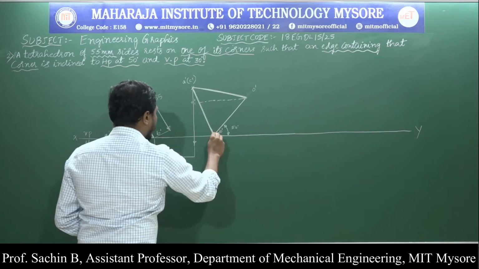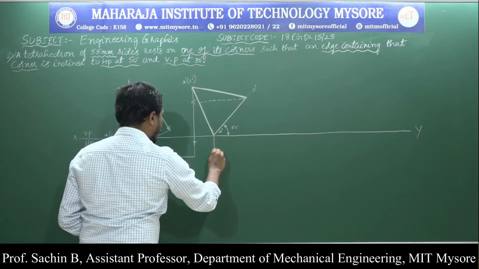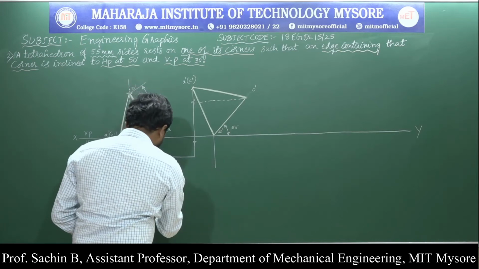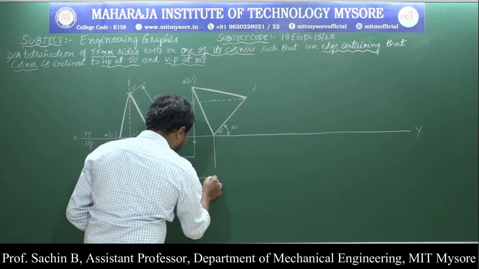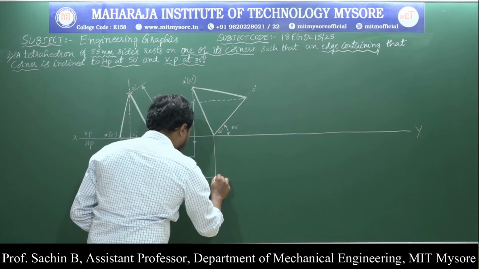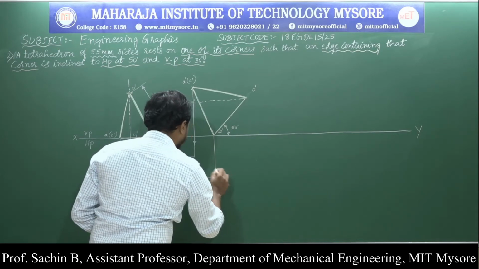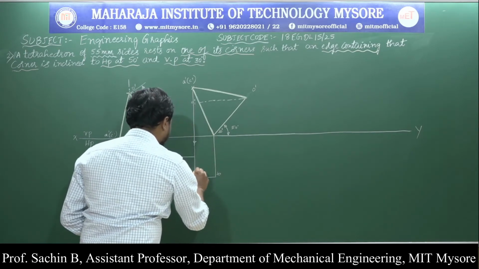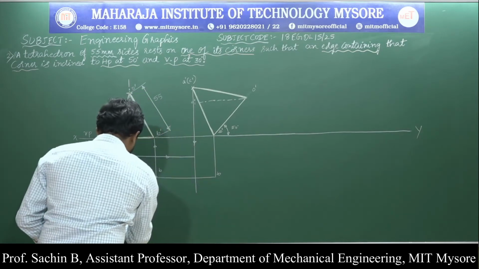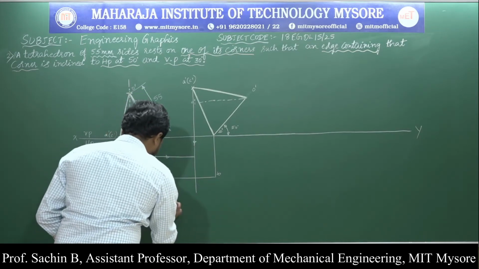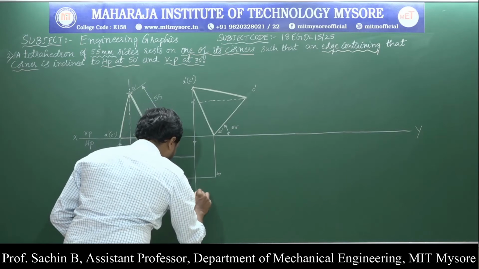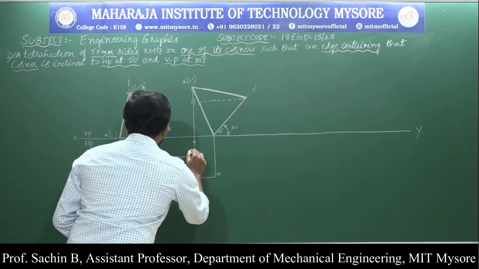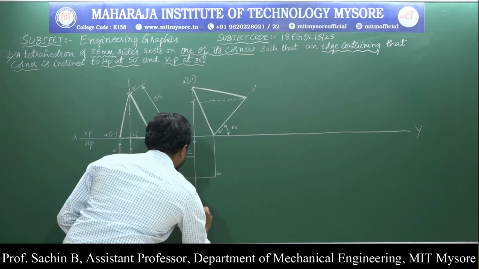Next I will go for drawing from B point. Next I will extend this to A point. This is C point, this is A point.